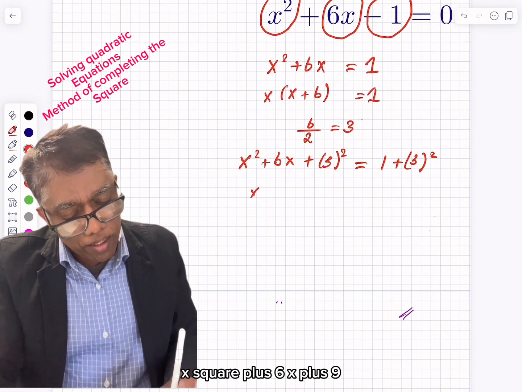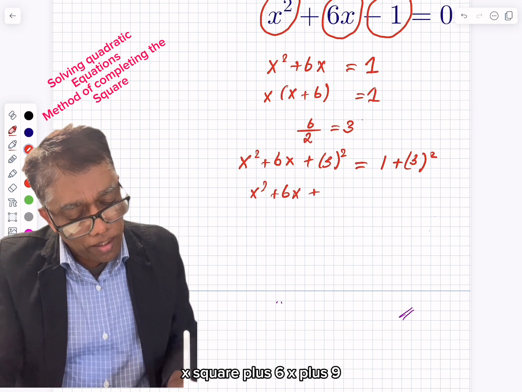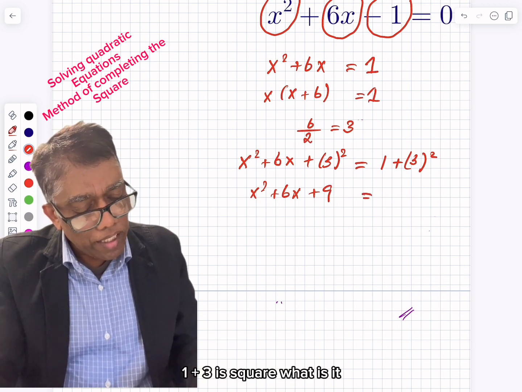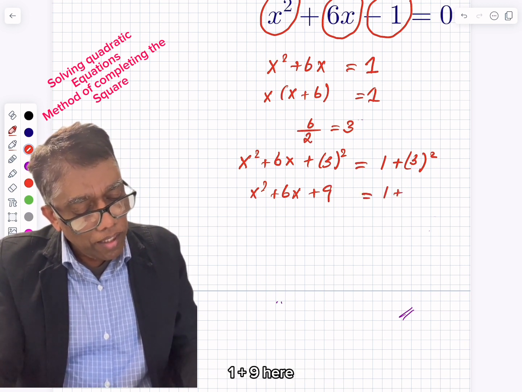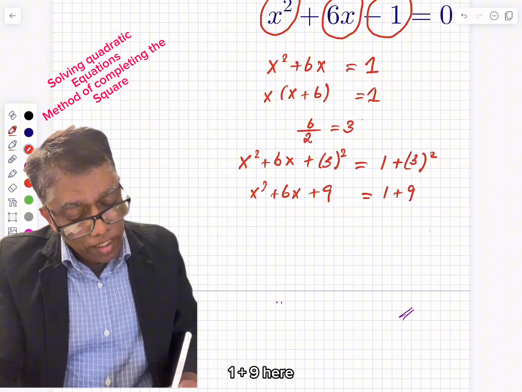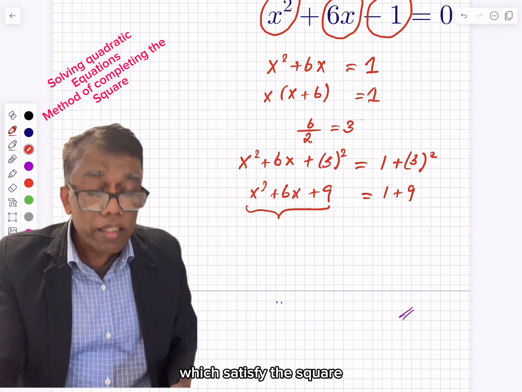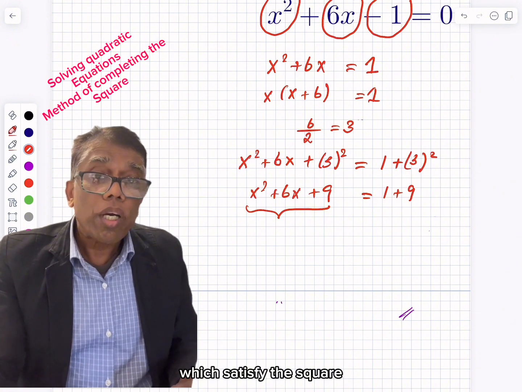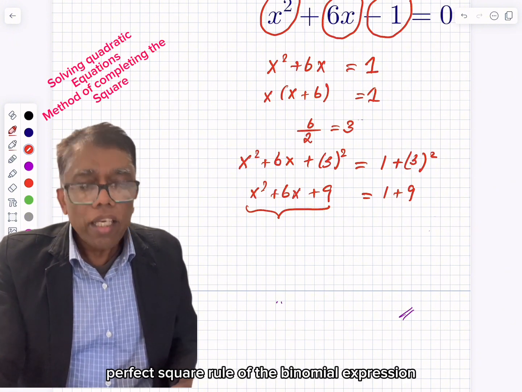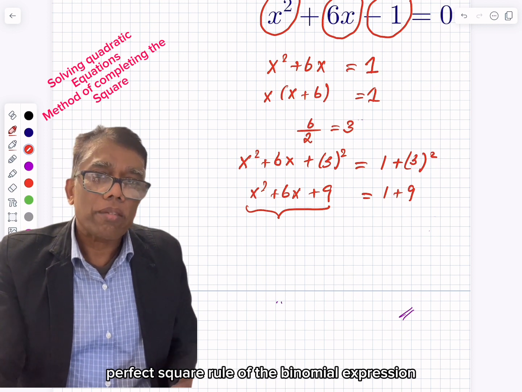x square plus 6x plus 9. 1 plus 3 square, what is it? 1 plus 9. Here, the left hand side of the equation satisfies the perfect square rule of the binomial expression.